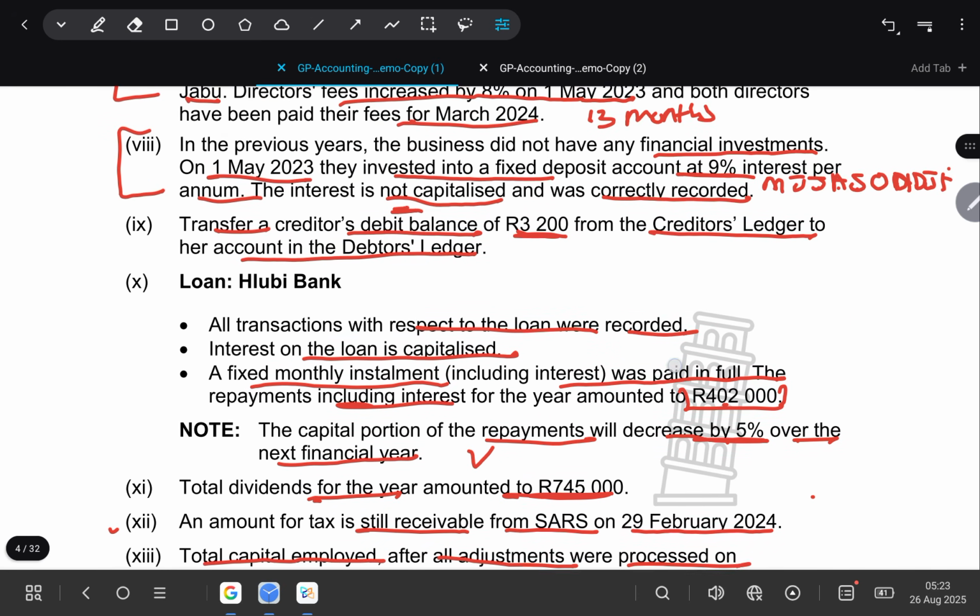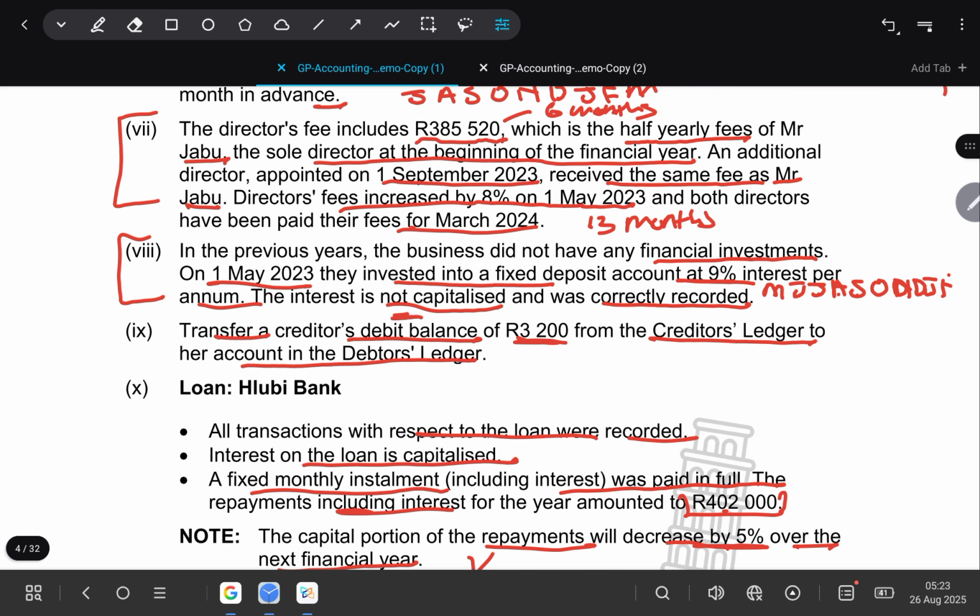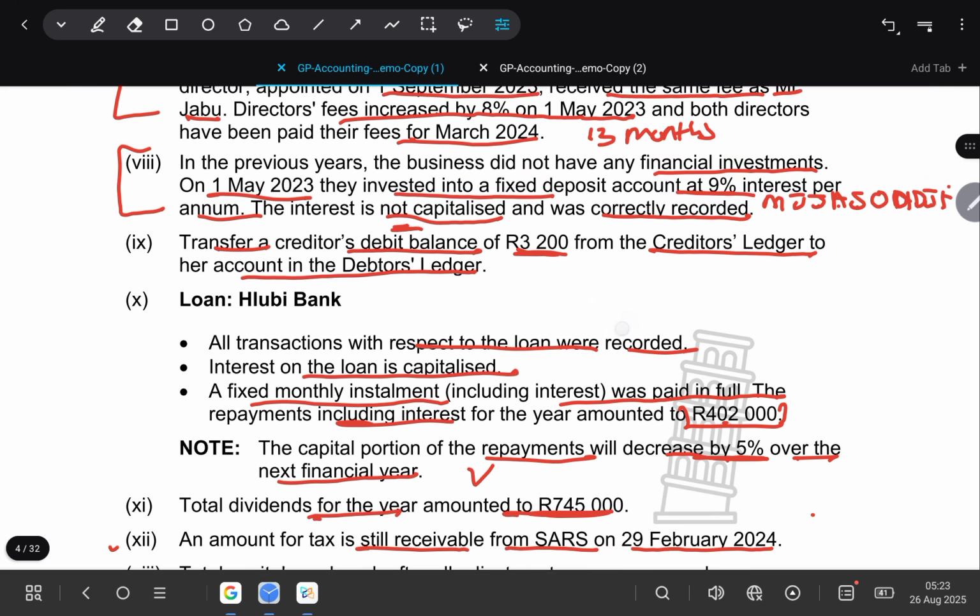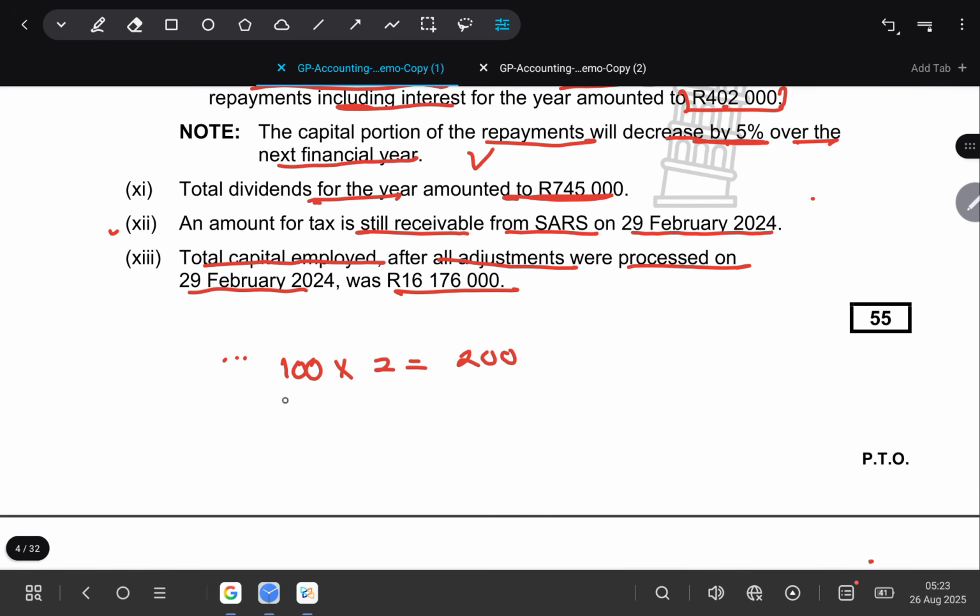And then from May up until August, I think it's May, June, July, August. Yes, because it's supposed to be 6 months. He was receiving 108%, so we'll multiply it by 4. So 108 multiplied by 4 gives us 432. And then when we add 200 plus 432, it gives us 632.